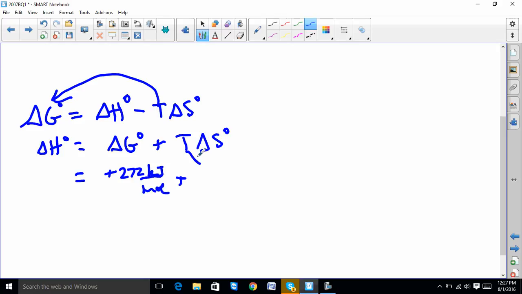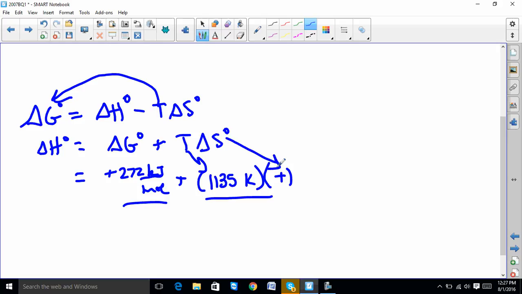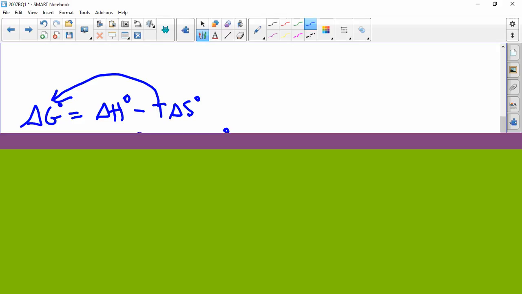This is positive because temperature is always positive, because absolute zero is the coldest temperature in the universe. If zero is coldest, you can never have a negative temperature. So that's always positive. We just figured out in part D that S is positive. And so if you add two positive numbers together, you get a positive. So here's our justification up here.